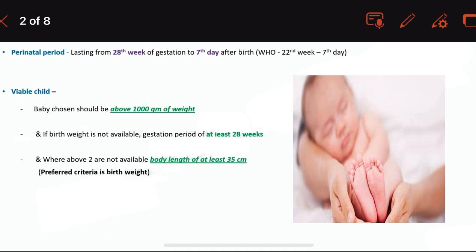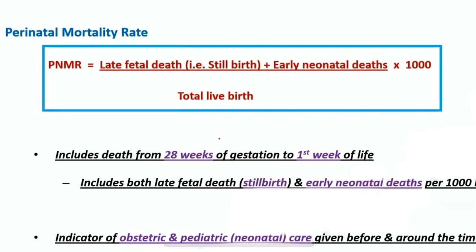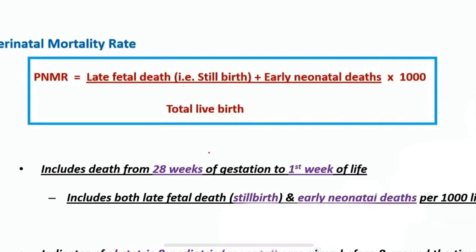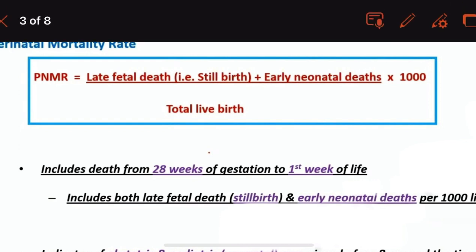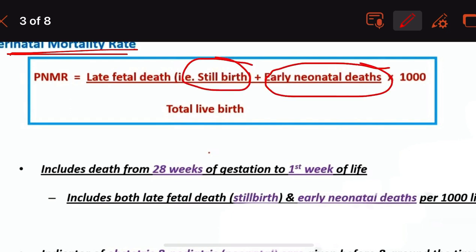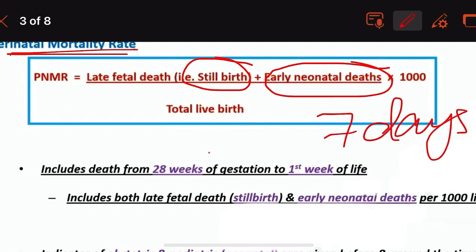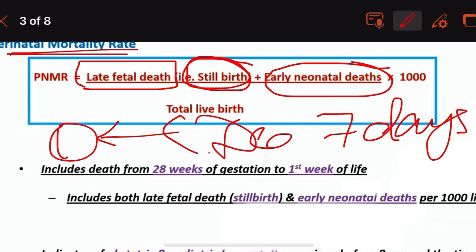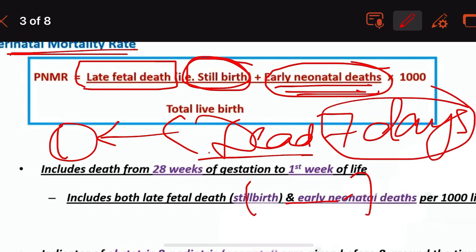Okay, so now let us understand the next part, the perinatal mortality rate, the formula for the perinatal mortality. We know that perinatal mortality includes the stillbirths and also the deaths occurring within 7 days of birth. So we see the late fetal deaths, that is the stillbirths, the dead babies being born, and also the early neonatal deaths, that is the baby from day 1 to day 7.